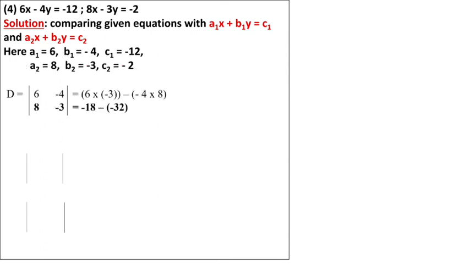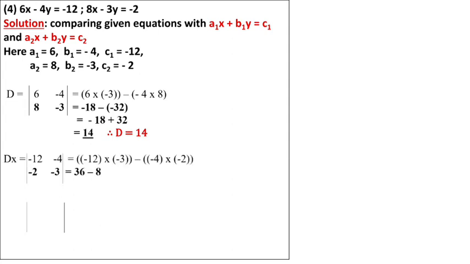While using the formula d, a1, a2, b1, b2 we will take 6 into minus 3 minus minus 4 into 8. 6 3s are 18, but we have the minus sign, so minus 18, minus 4 8s is 32, but we have the minus sign, minus 32. We will open the bracket, minus 18 minus minus plus 32. 32 minus 18 we get 14. 32 is a bigger number, so it will be positive. The d value we got is 14.